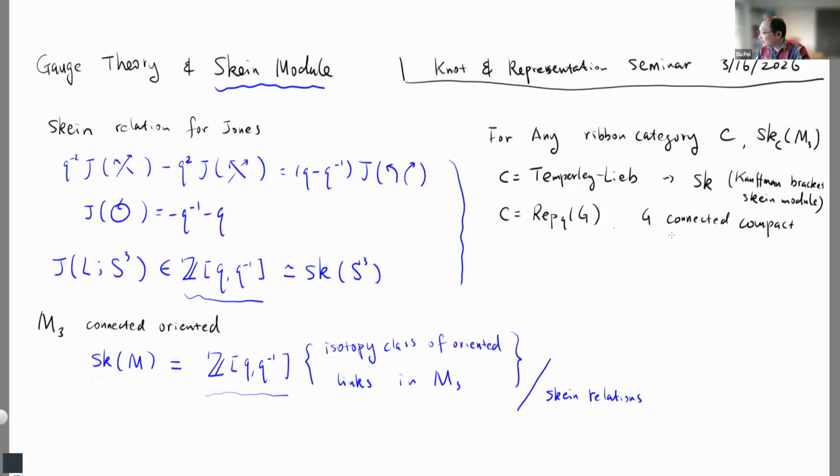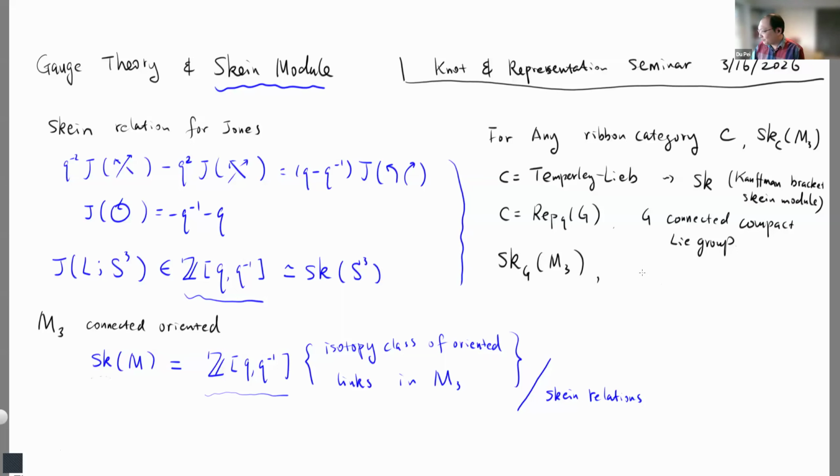Well, it's either a Lie group or algebraic group. Let's work with Lie groups. And then in this case, that also defines a skein module labeled by G, and I will denote it as Skein sub G of M3.